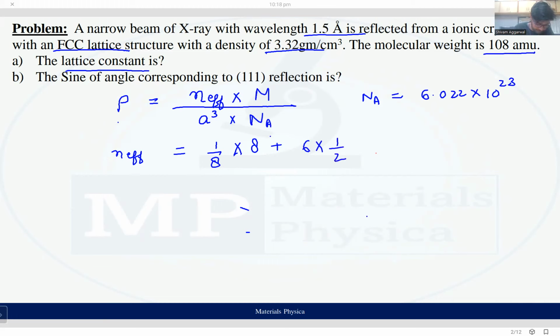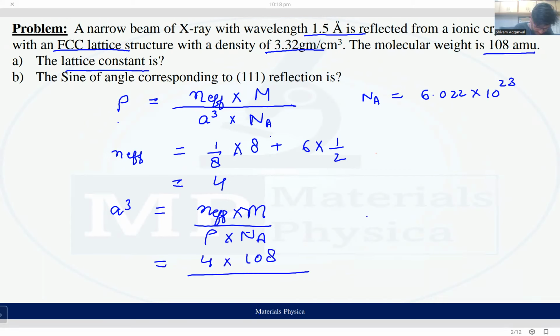So the total effective would be 1 plus 3, which is 4. So a cube would be N effective into M over rho into Na.